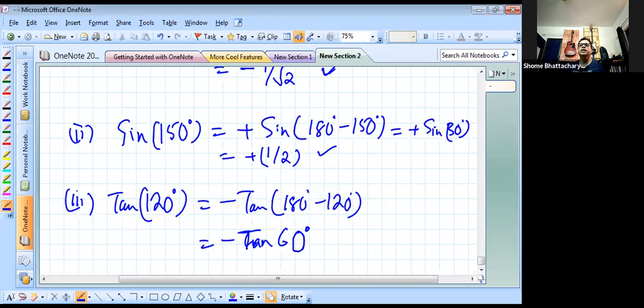Okay, so it's minus root 3. So this becomes the answer to the third part.